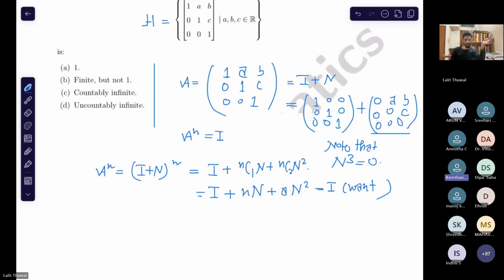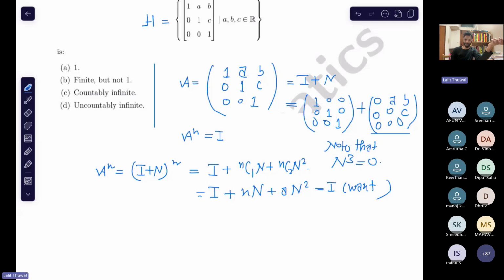Check it. Then n square is a non-zero matrix, with only one non-zero entry: the 13 entry is 1 and other entries are 0. So n square need not be 0. Am I right? Yes, n square is not zero.